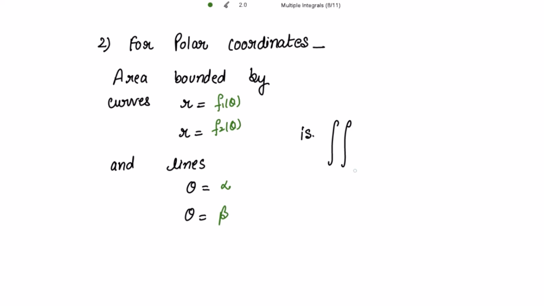So the area will be, because r is in the form of theta, f1(theta) to f2(theta), writing dr, and then the limits for theta from alpha to beta, and writing d theta, because for polar coordinates we always write r dr d theta. So the area bounded by these curves is the double integral of r dr d theta.